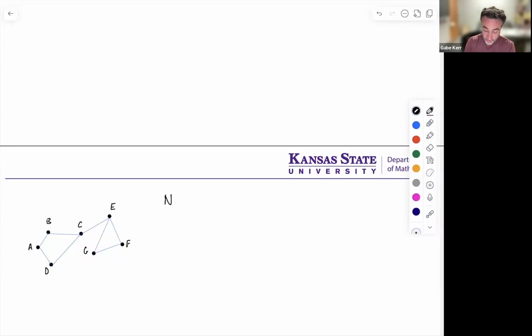So n equals 7 here. And how many edges do we have? Well, let's count. We have 1, 2, 3, 4, 5, 6, 7, 8. So we have 8 edges. And then thus our redundancy R, which is m minus n plus 1, is equal to 8 minus 7 plus 1, which equals 8 minus 6, which equals 2.